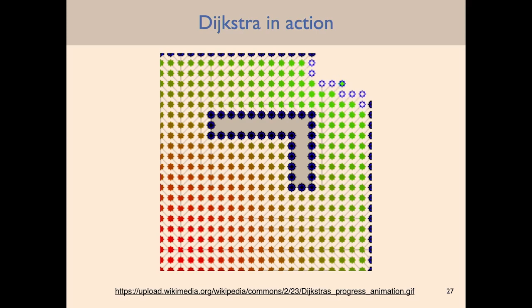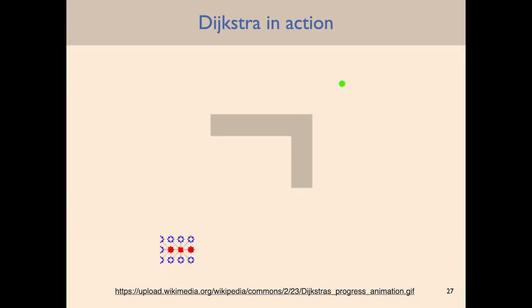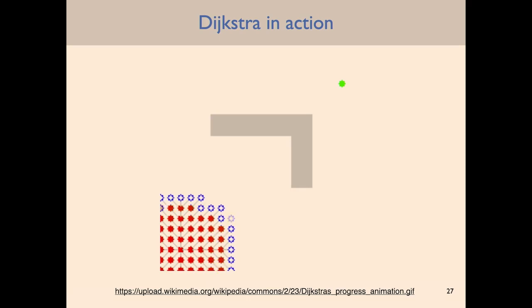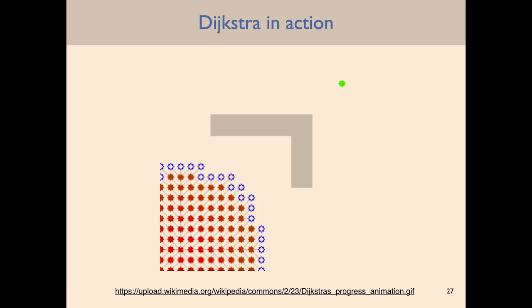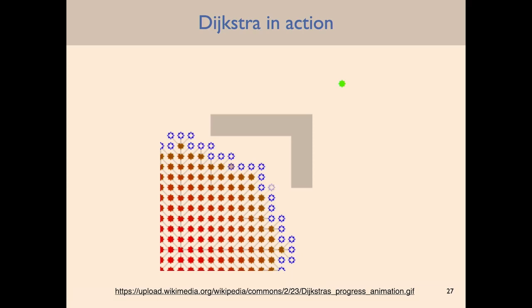And I believe that the shading of the colors corresponds to the cost. So anything that's red has low cost, I think. Anything that is green has a higher cost to come. Okay, so it's doing something reasonable.